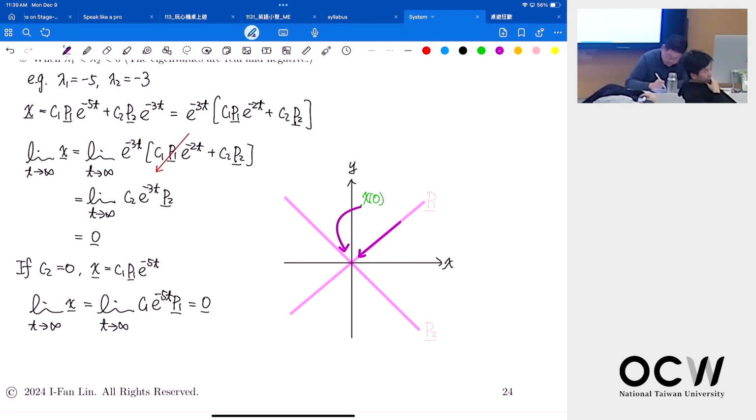Similarly, as long as you are on the line in the direction of P1, they will go to 0. Here, if you lie on the vector of P2 in the beginning, they will also go to 0.